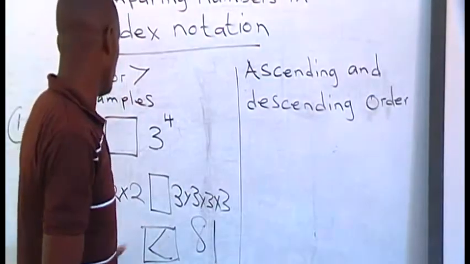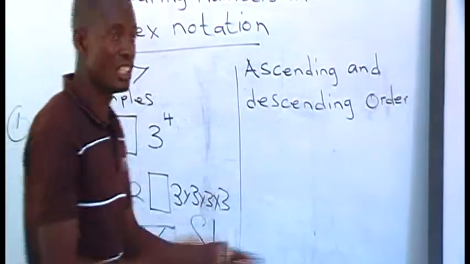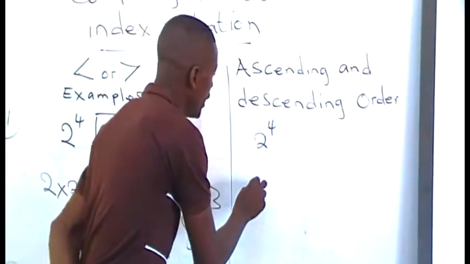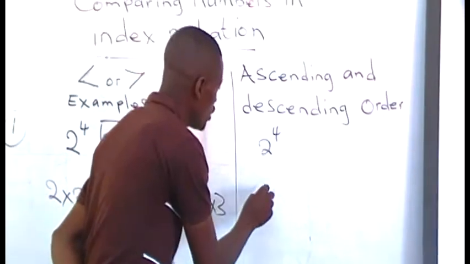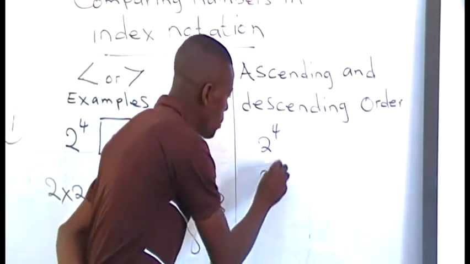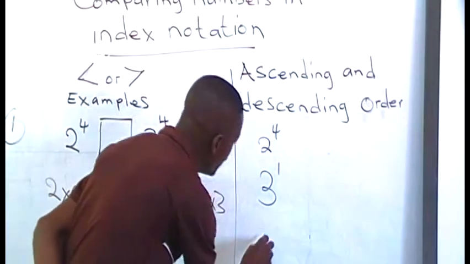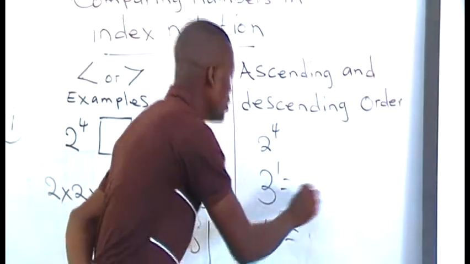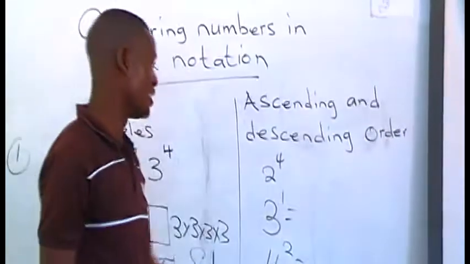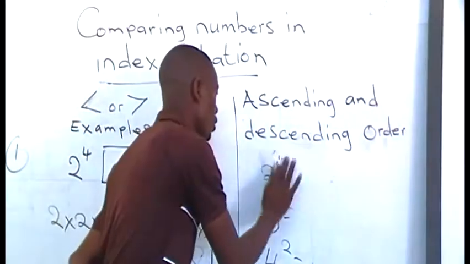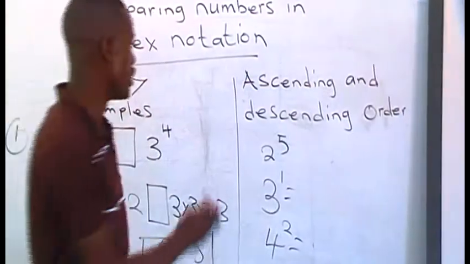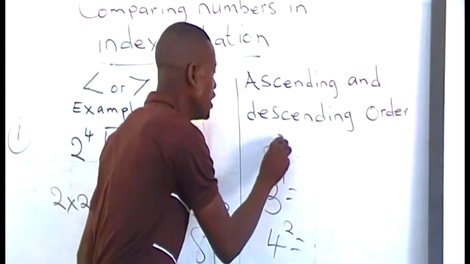For example, if they give you the list of numbers in the index notation, they can give you 3 to the power 1, and then 4 to the power 2, and 2 to the power 5. And then they ask you to arrange these numbers in ascending order or descending order.